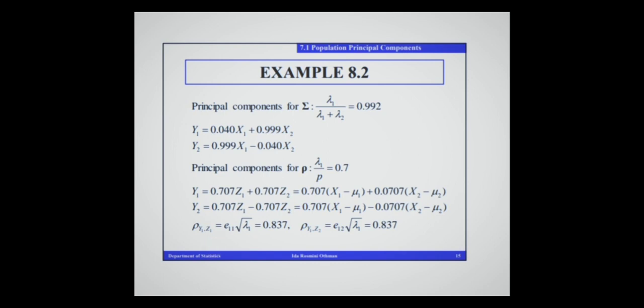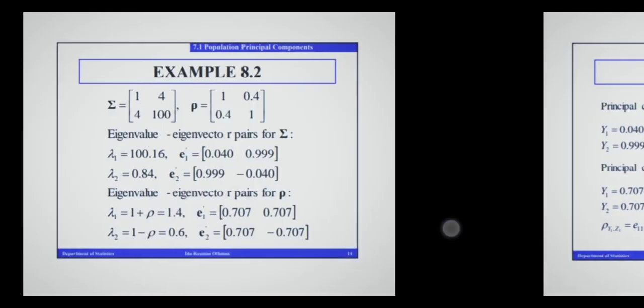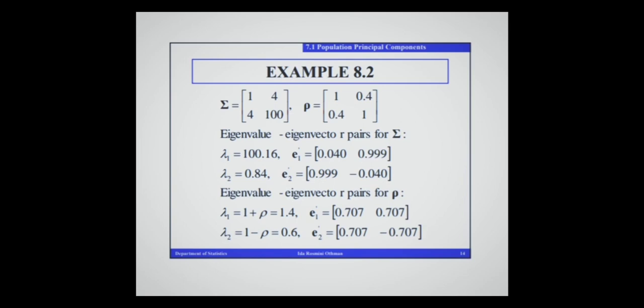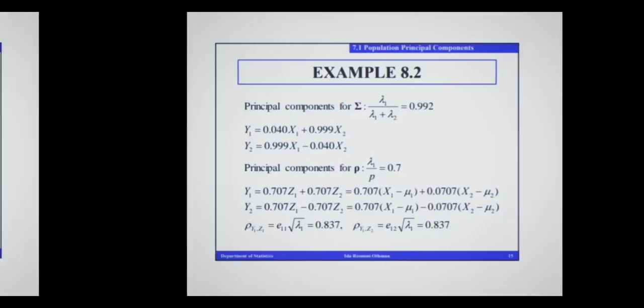corresponding principal component. So let's say here rho Y1 Z1, it means that according to the formula it will be E11 multiplied by the square root of lambda 1. So the square root of lambda 1, okay, lambda 1 from before is 1.4.